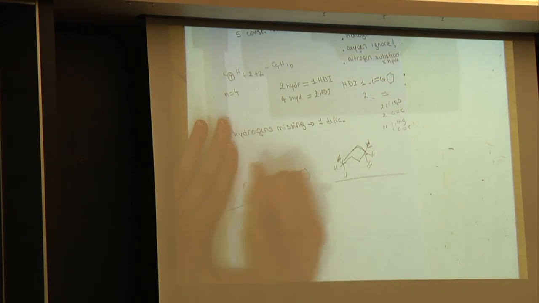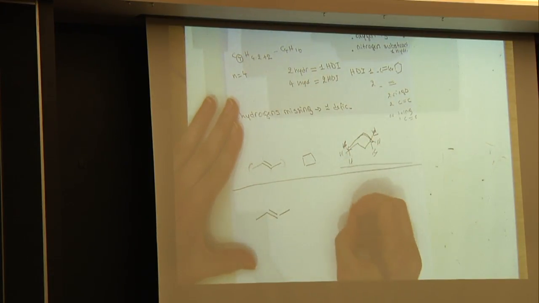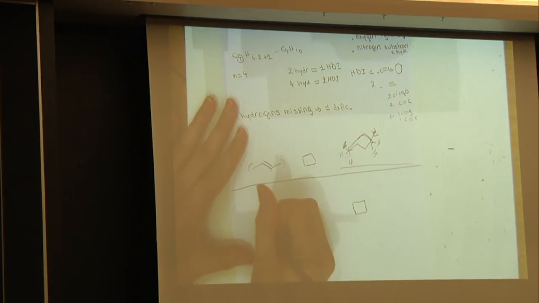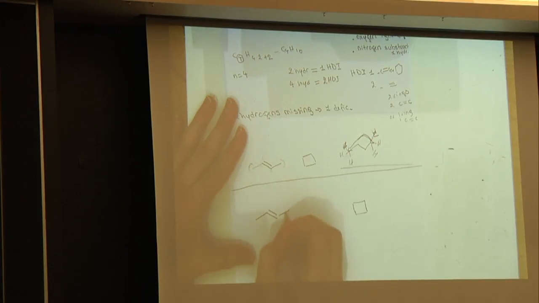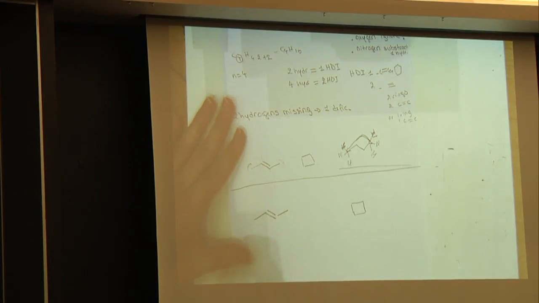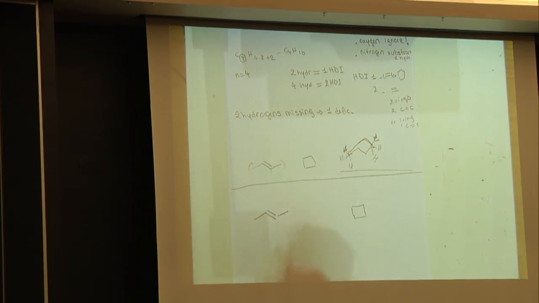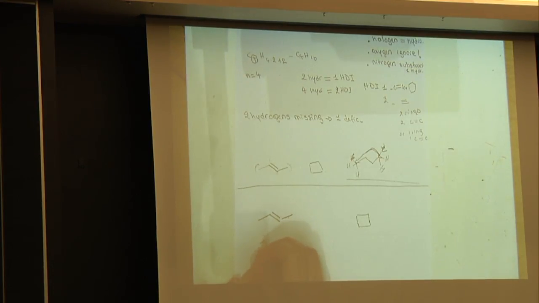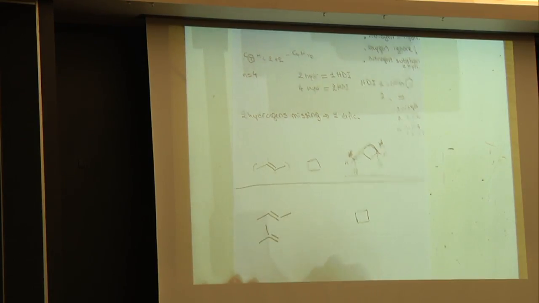So the 5 constitutional isomers real quick. I already drew 2 for you guys, right? Cyclobutane and 2-butene. 1, 2, 3, 4. Yeah, 2-butene or but-2-ene, right? Okay, then I'm going to just move one bond at a time, right?